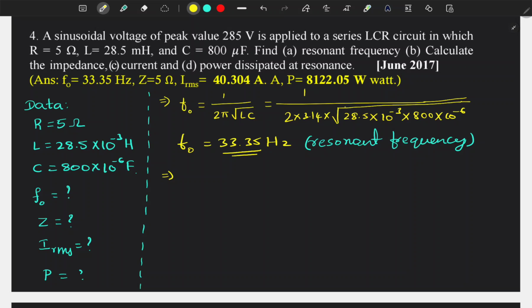Next, we need to find out impedance. So the impedance formula is the square root of R square plus XL minus XC whole square, which is equal to R at resonance. So Z is equal to R, that's why at resonance.